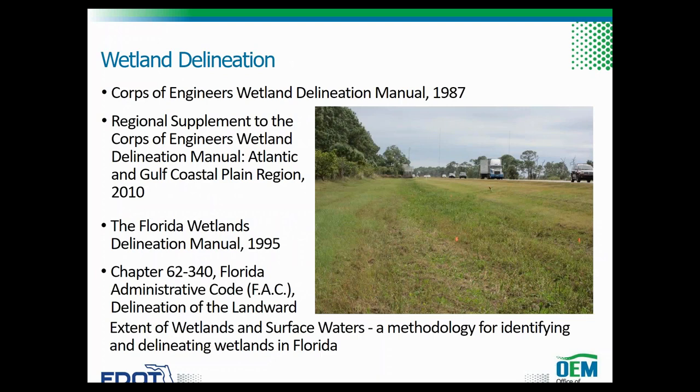A delineation of each wetland in the project area should be conducted in accordance with the U.S. Army Corps of Engineers Wetland Delineation Manual, Regional Supplement to the Corps of Engineers Wetland Delineation Manual, Atlantic and Gulf Coastal Plain Region, the Florida Wetlands Delineation Manual, and Chapter 62-340 FAC, Delineation of the Landward Extent of Wetlands and Surface Waters, as appropriate.